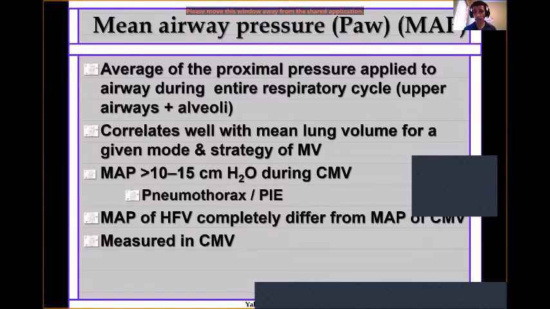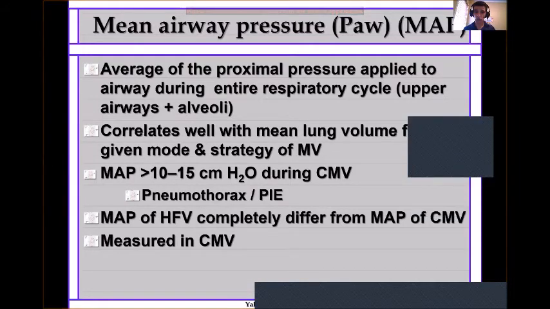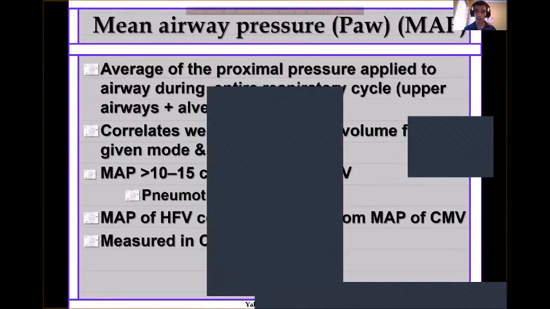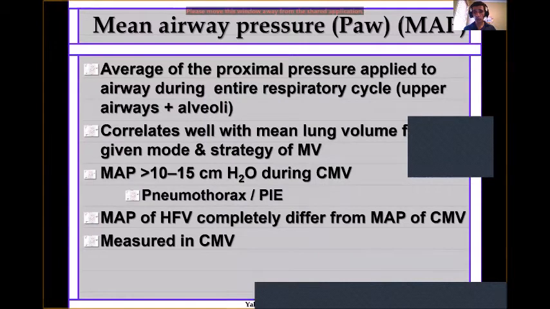And remember that the mean airway pressure that we're talking about here is for conventional mechanical ventilation, not high frequency ventilation, because the way of calculating the mean airway pressure in high frequency ventilation is totally different from conventional mechanical ventilation.